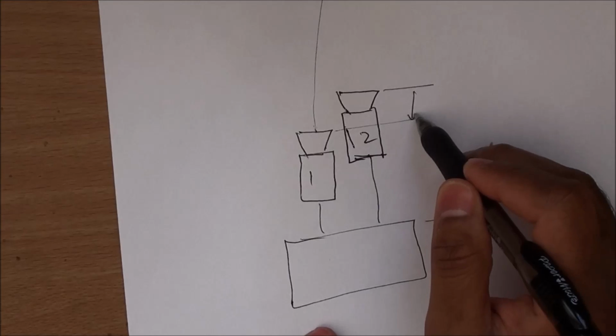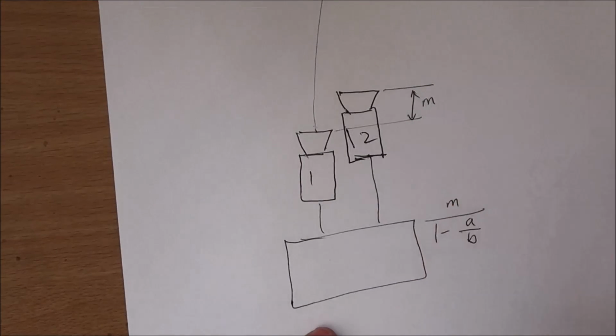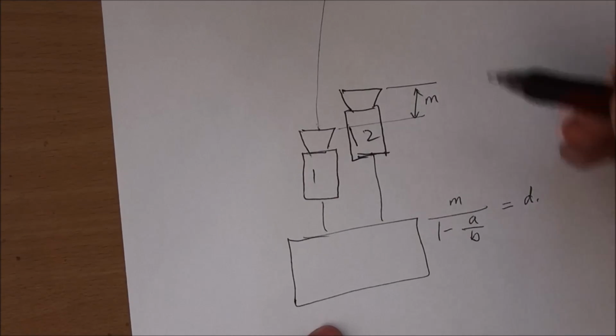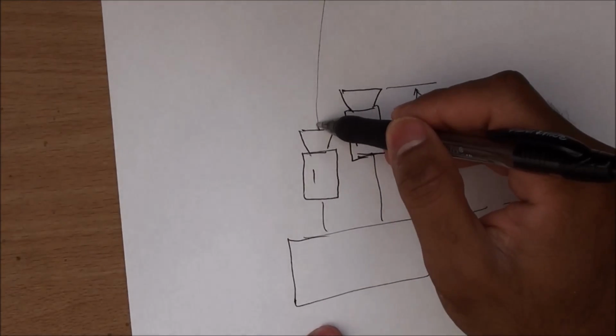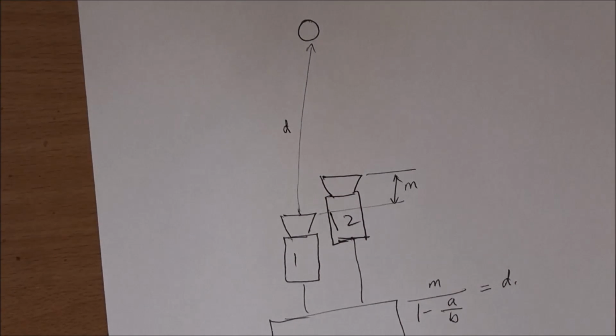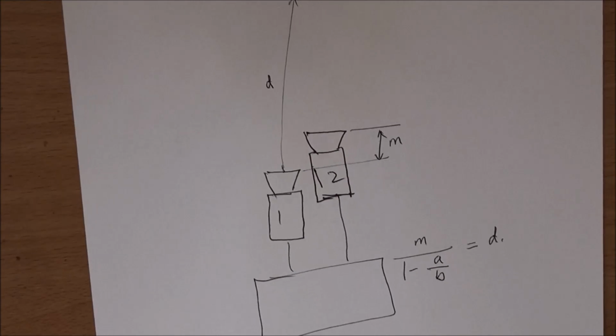So that would be your M, and that'll instantaneously give you the value D, which is this length here from the first camera to the object. So this is a very neat little trick you could apply.